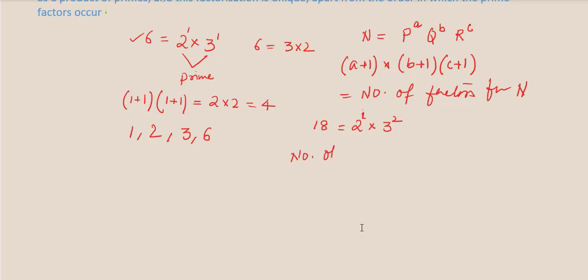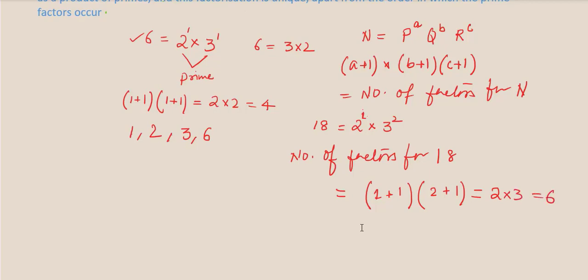Number of factors for 18 would be equal to, see, this is actually a, and I can write it as 1 plus 1 multiplied by, it is b, 2 plus 1, and what I would get is 2 multiplied by 3. So, there are 6 factors for 18.